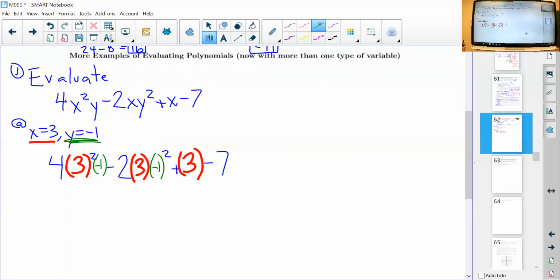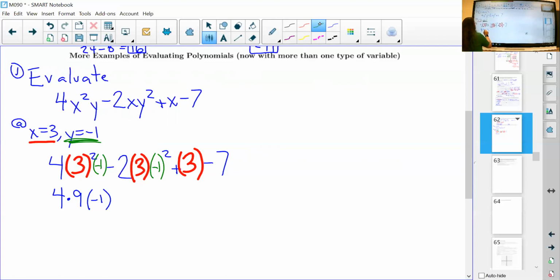Now I just have order of operations. Exponents first, right? Because we don't really have anything going on inside parentheses. So this is 4 times 9, 3 squared, times negative 1. Notice that sometimes I use a multiplication dot, sometimes I use parentheses. They mean the same thing. It's just a little more clear.